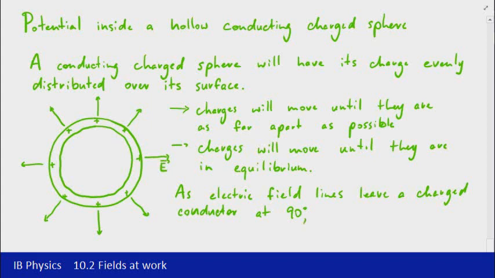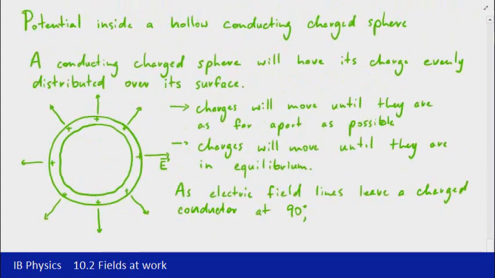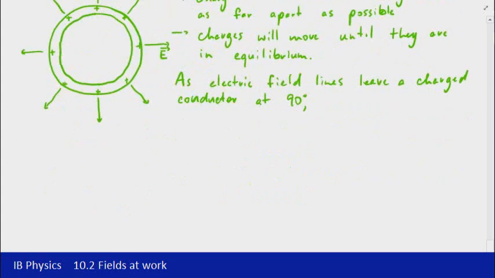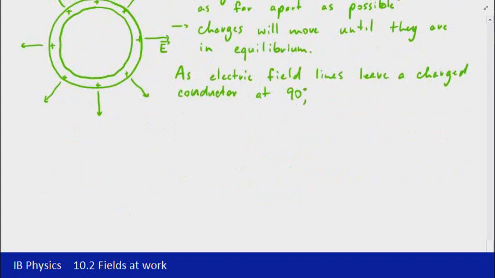That then means if you consider that field, what we'll see is that outside the sphere, it's going to appear similar to what a radial field would look like.